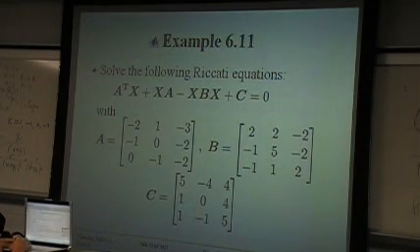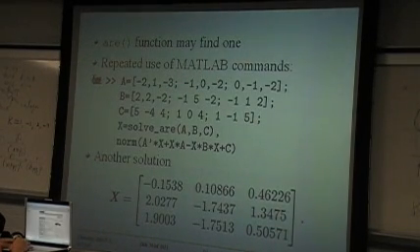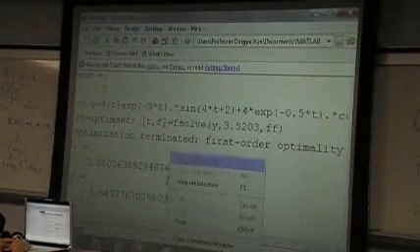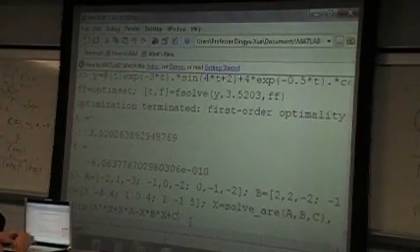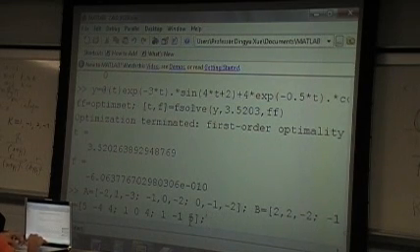To solve this equation, what we need to do first is to enter the A, B, C matrices, and then describe the Riccati equation, and then use fsolve to solve it. So we can use commands like this to specify the A, B, C matrices.